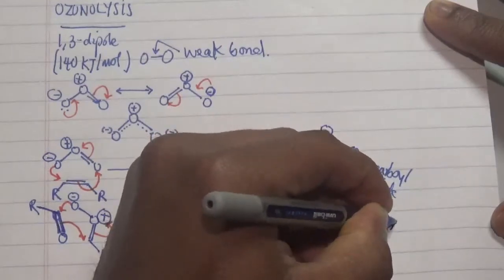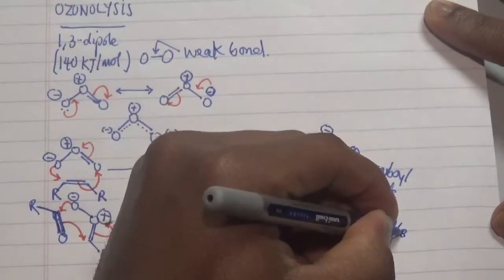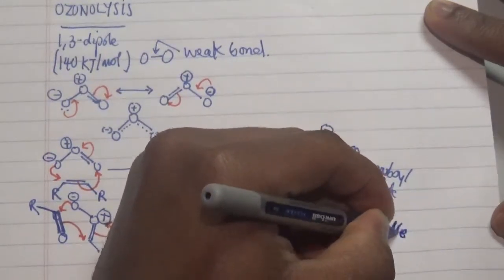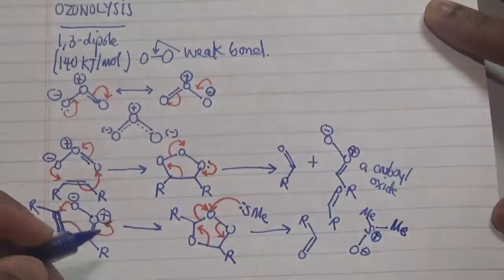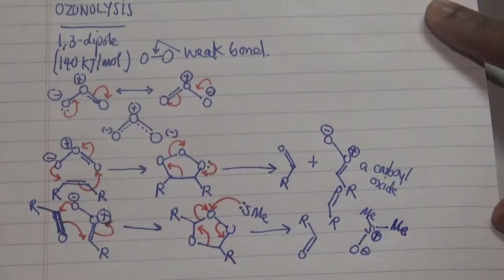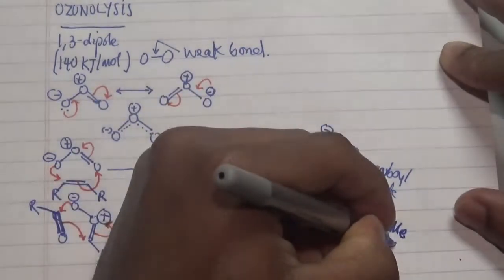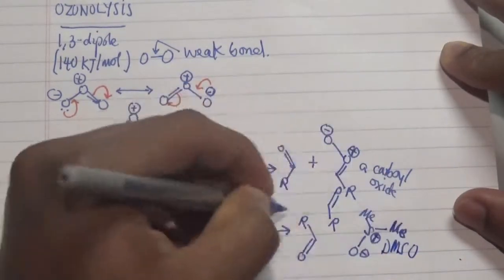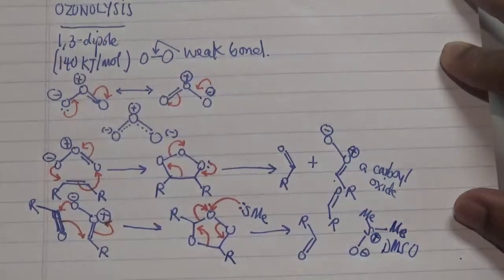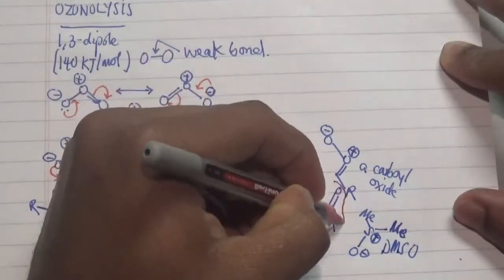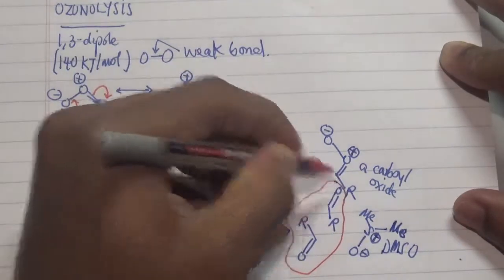I use this a lot in my NMRs. It makes my crystals kind of more unstable in its aqueous state, but that is just the backstory behind DMSO, which is this over here. And those are our two aldehydes that have been formed.